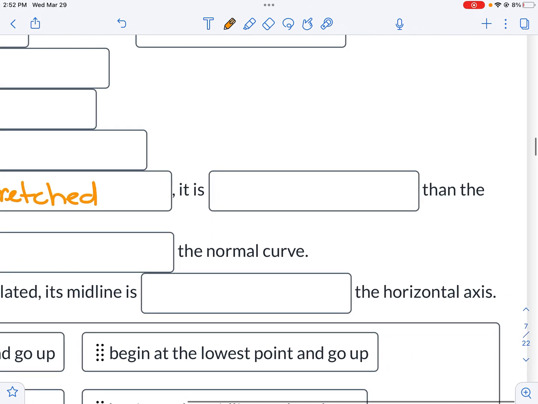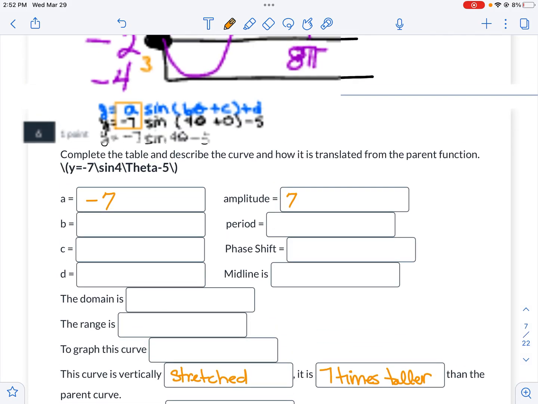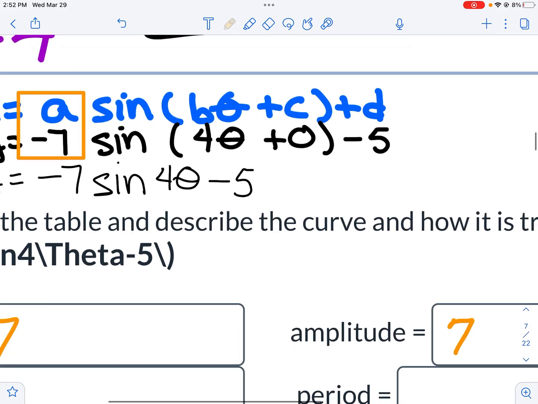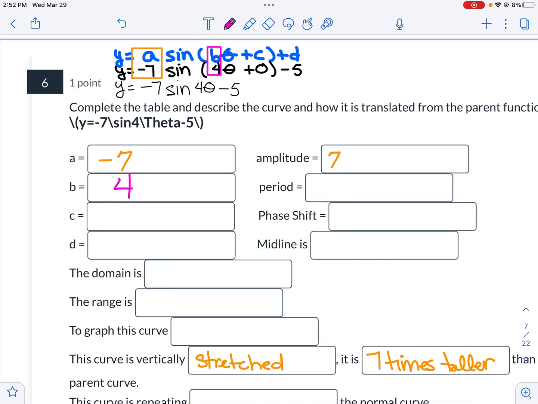It is 7 times taller. b is equal to 4. So the period equals 2 pi divided by b.